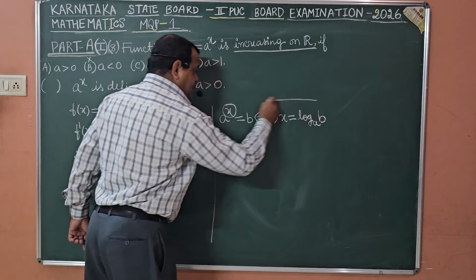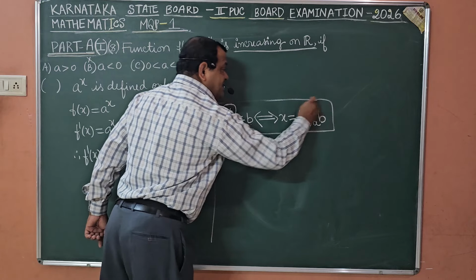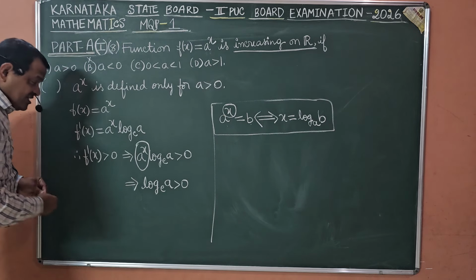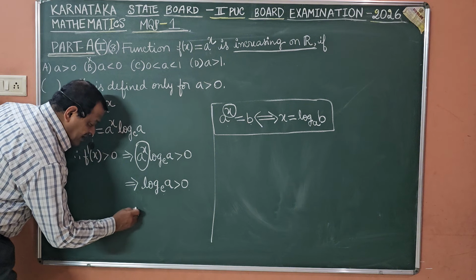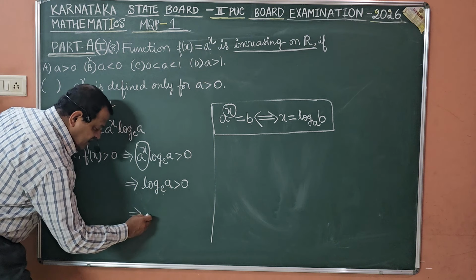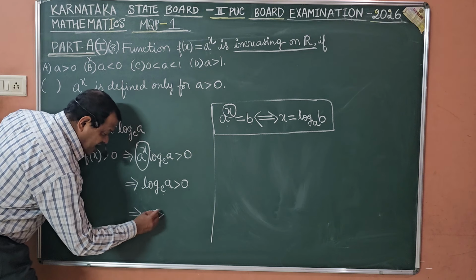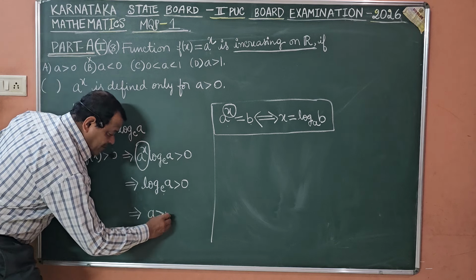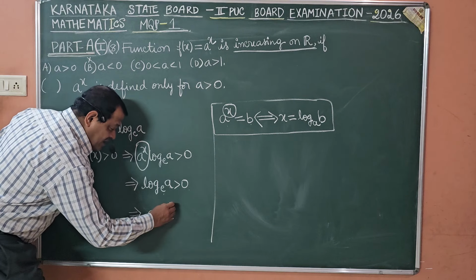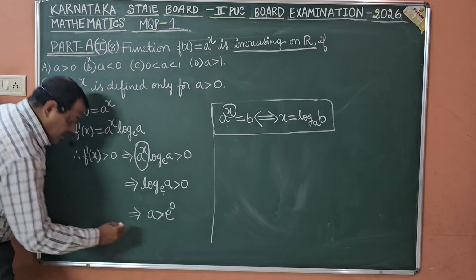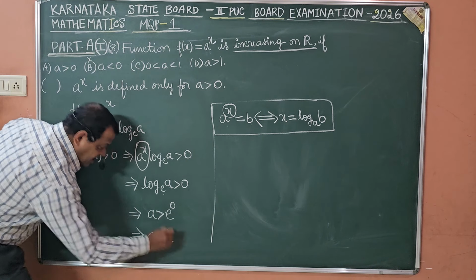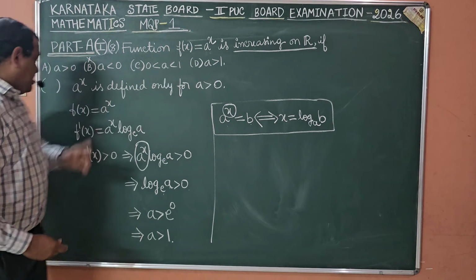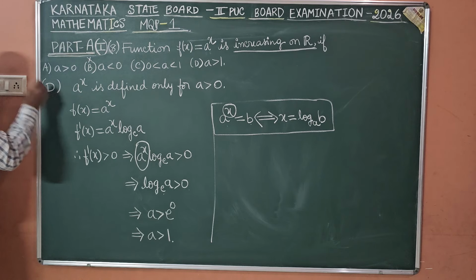This is a definition, true in general. Therefore, even this I convert into indices. So a is greater than base power 0, that is, a must be greater than 1, which is found in option D. Therefore, option D is correct.